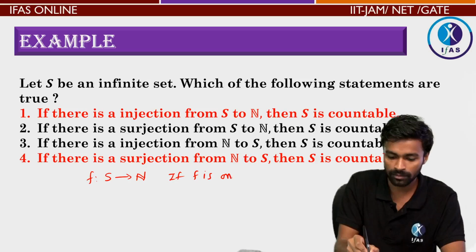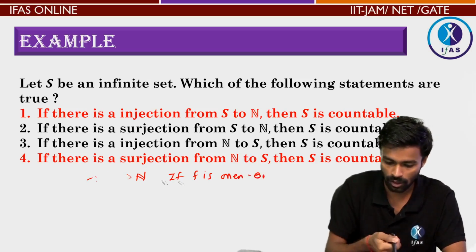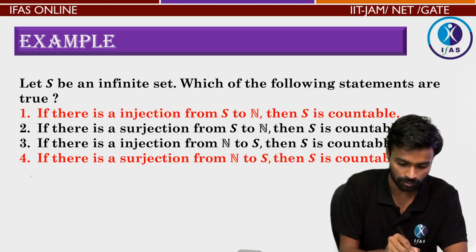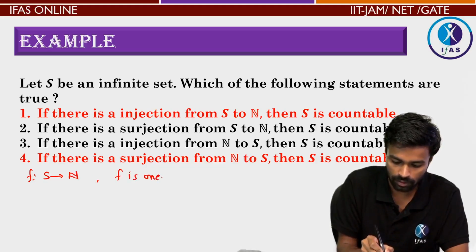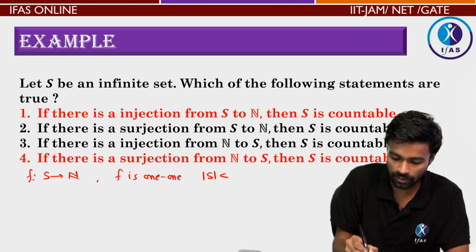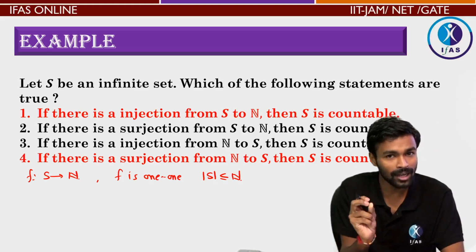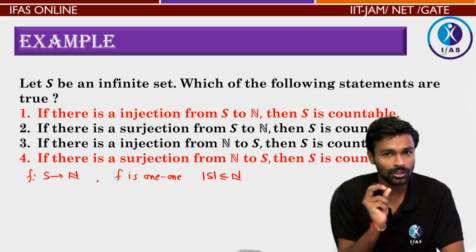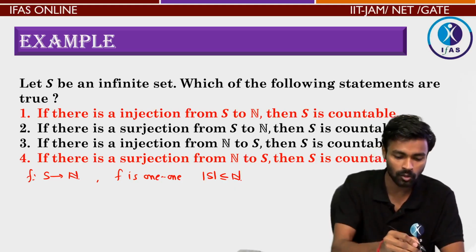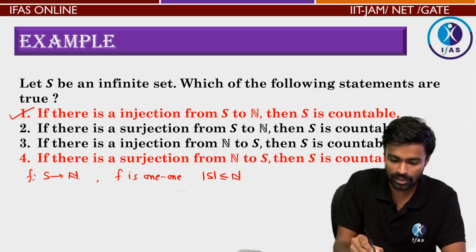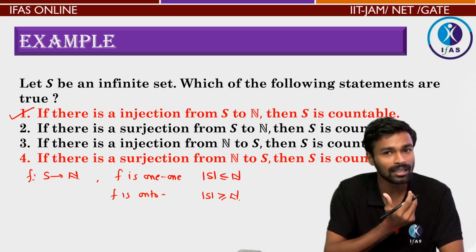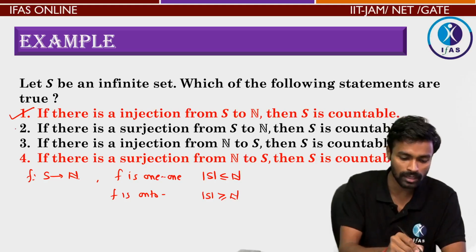If f is a function from S to N such that f is one-one, in that case the cardinality of S is less than or equal to the cardinality of N, but N is a countable set, so S becomes countable. If we take a surjection, f is onto, then the cardinality of S is greater than or equal to that of N, and I can take an uncountable set also, so this is an incorrect option.